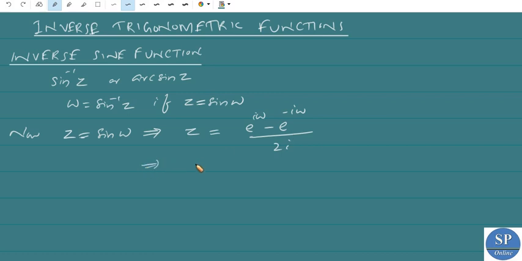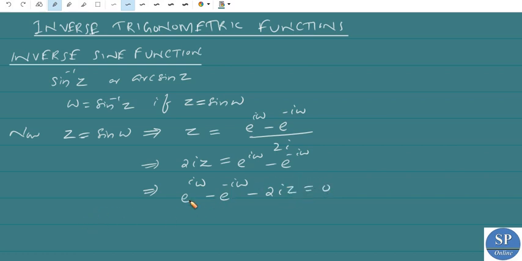That implies 2iz is equal to e power iw minus e power minus iw. We have to find w, that is, w is sine inverse of z. So from this we can write e power iw minus e power minus iw minus 2iz is equal to 0.